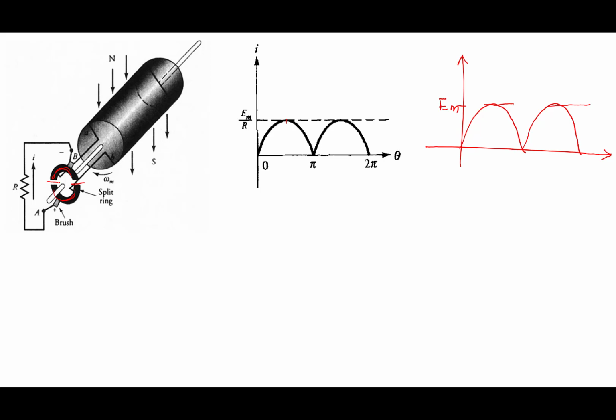Now if I want to find the DC value of this signal, how will I find it? RMS value? Who said RMS value? Average value, right?